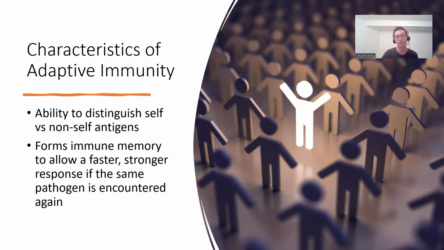It may make you feel ill for maybe a day or so, but you're going to be able to fight it off much quicker and much more effectively in a future encounter, because adaptive immunity is able to produce immune memory. You remember what you fought off. You're going to have these antibodies in your system that will be ready to deal with it should you be infected by the same thing again in the future.